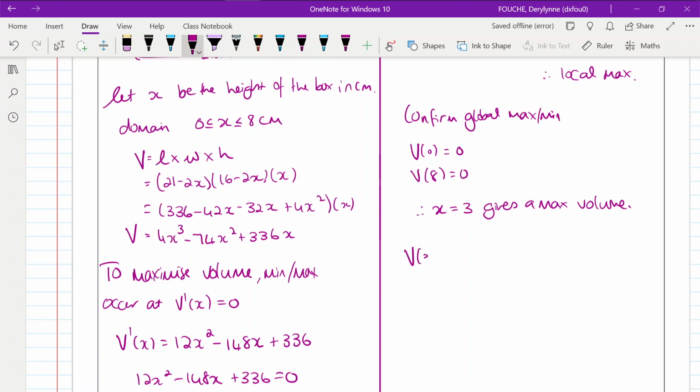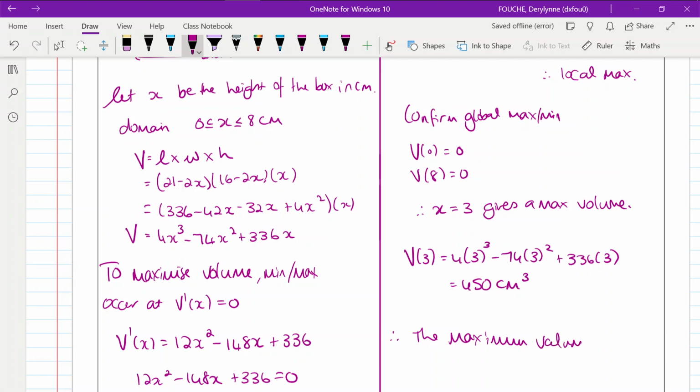So we would say our volume is 450 cubic centimeters. So therefore, the maximum volume is 450 cubic centimeters when x equals 3 centimeters.